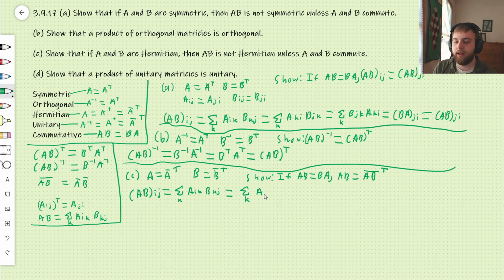They are equal to that. We swap the indices and take the complex conjugate of them.